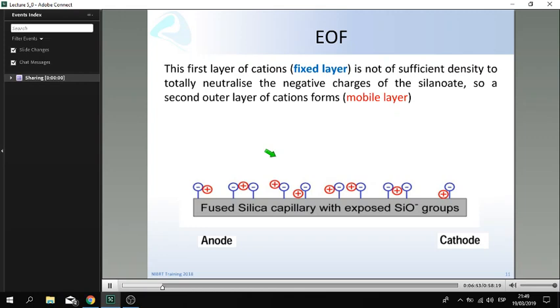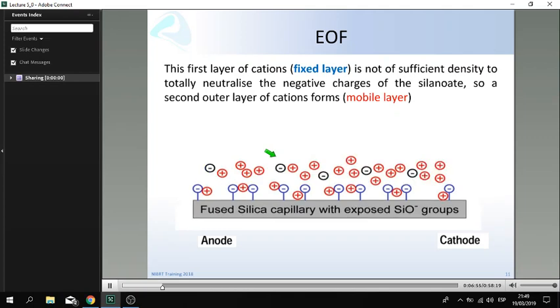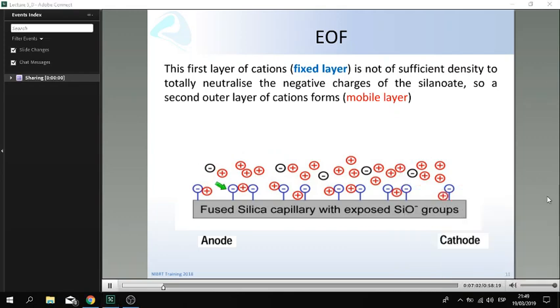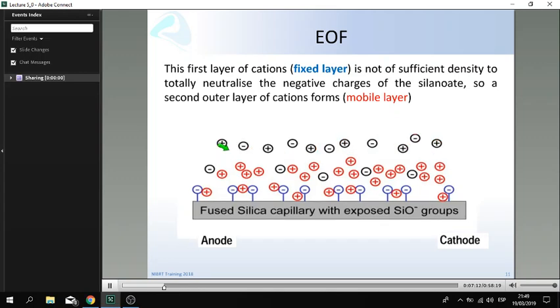So another layer of cations forms close to the edge. This layer is not as fixed to the side as the fixed layer is, and we call it the mobile layer. The mobile layer then neutralizes the negative charge, and the layer above that one is just your bulk solution of other anions and cations.